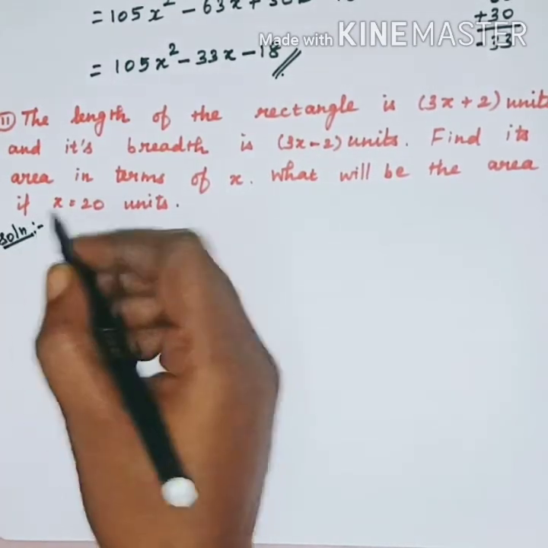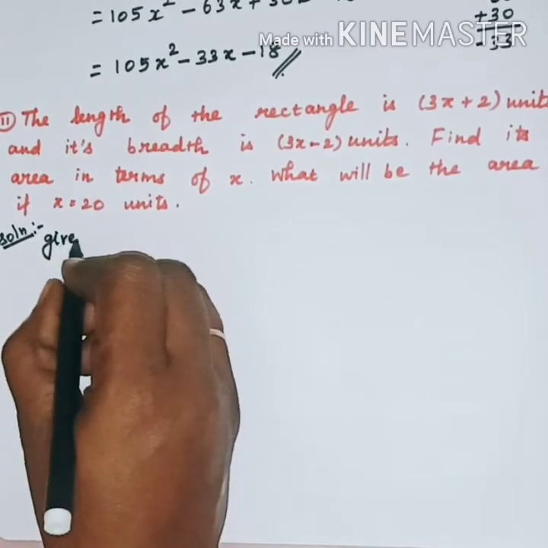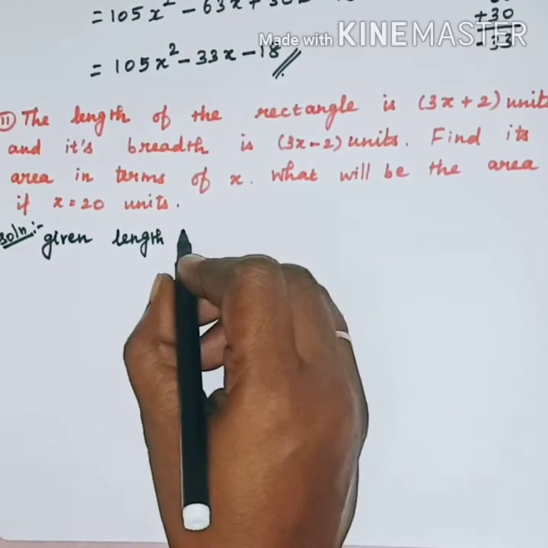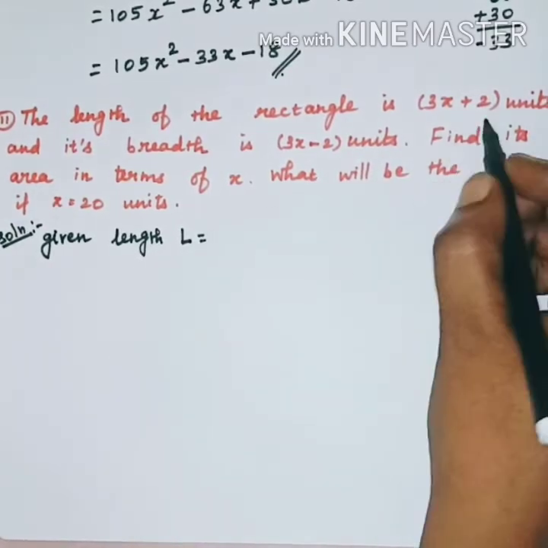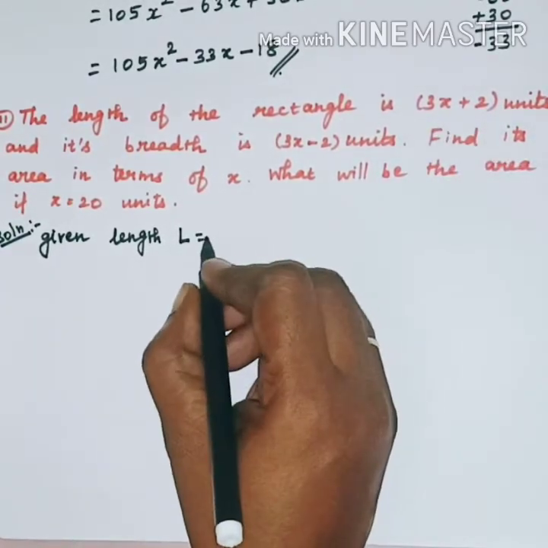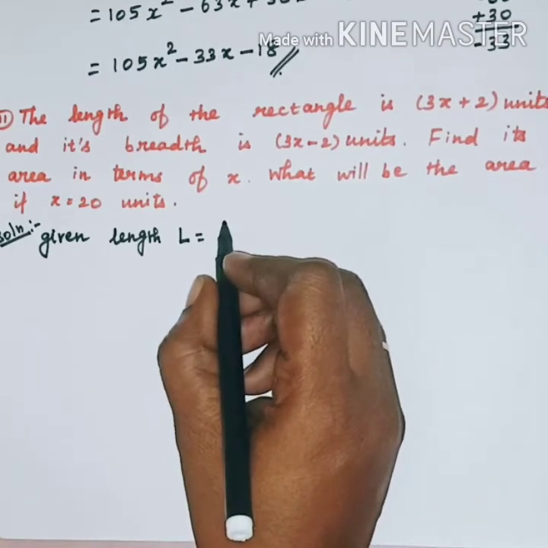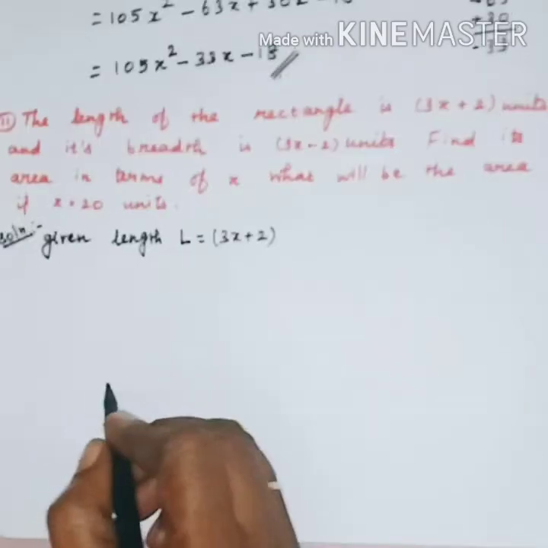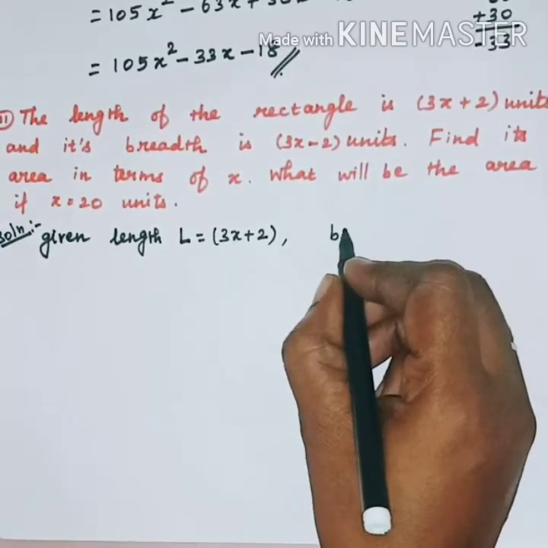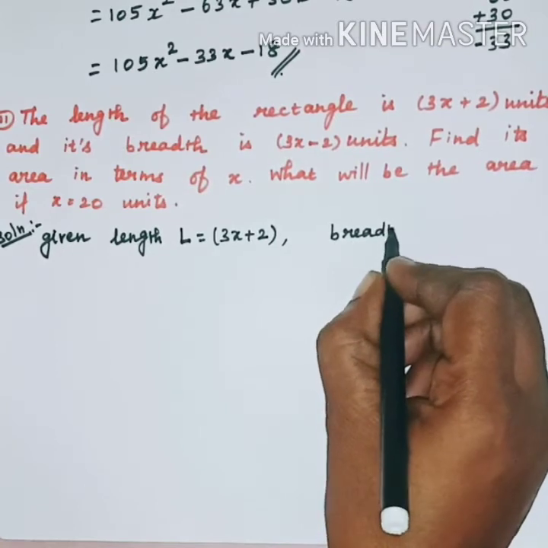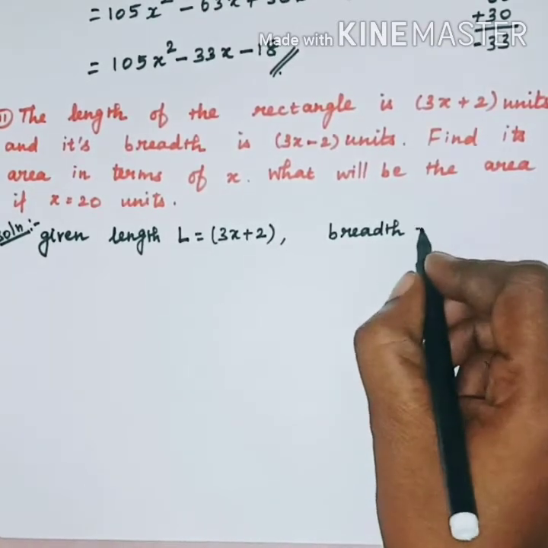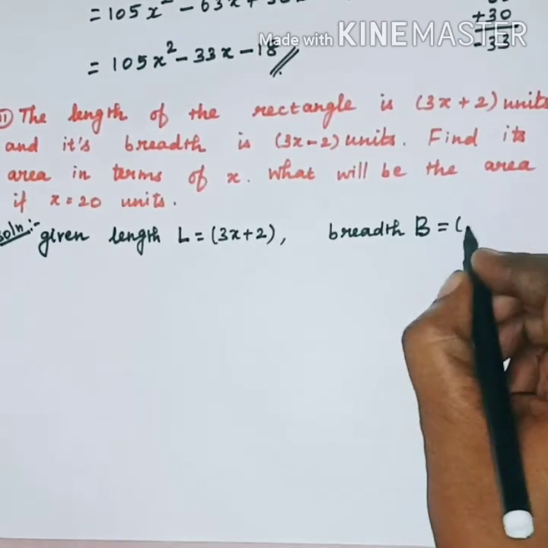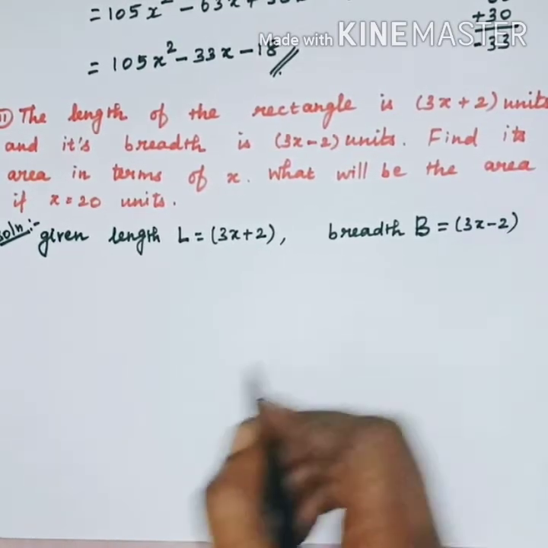Solution. What is given? Length of the rectangle, take length as L. The length of the rectangle is 3x plus 2 units. So L is equal to 3x plus 2. They are given the breadth of the rectangle, take the breadth as B. B is equal to 3x minus 2 units.